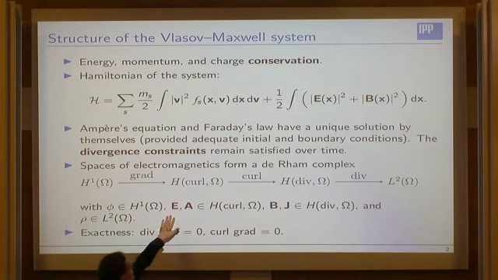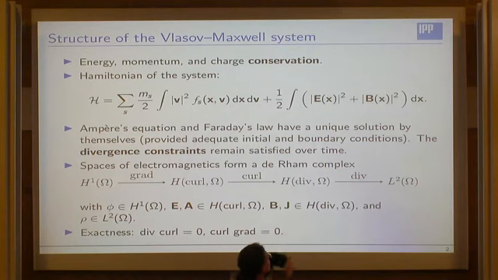Then you have your electric field in this one-form space, the magnetic field in the two-form space, and then you have the charge density down here. So this is a formulation. You can also flip it and have some dual formulation, where you would swap those spaces. But that's the way we use it.